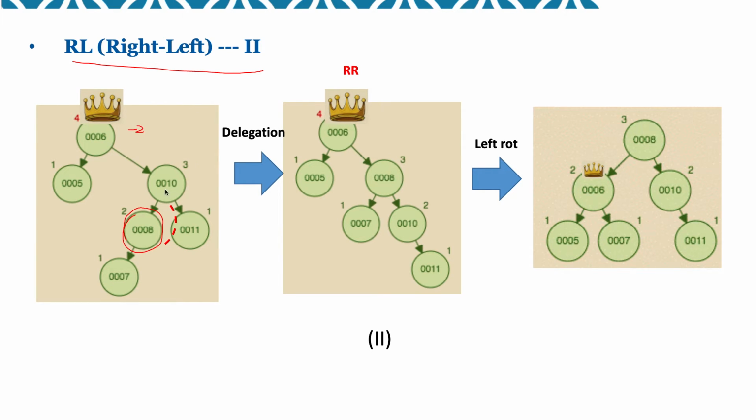And in this situation, a right rotation and a left rotation should be performed, and the king will delegate its power to his second hand. And this is the second hand, right? So this subtree will have a right rotation. So how do we do the right rotation? The number 8 node will take over the root of the subtree, and then every node just follows. For example, the 10 will be attached to the right of the number 8 node.